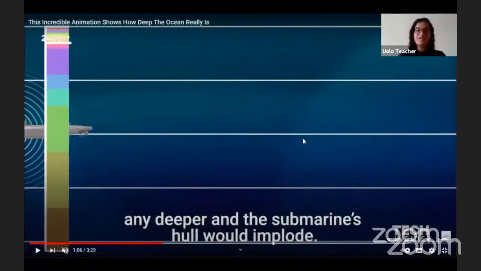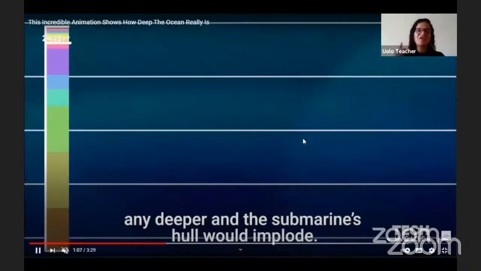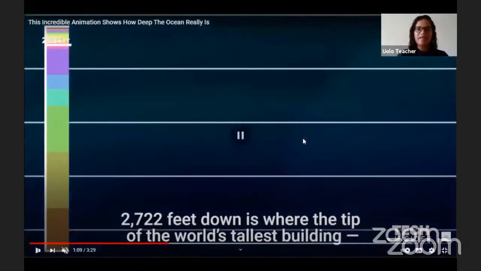Since we cannot bear the pressure, how do we expect the submarine to bear the pressure? So if we go deeper down, the submarine won't be able to bear it. And what would happen? It would explode like a bomb. Okay, so it would explode. Clear, everybody? Good job.